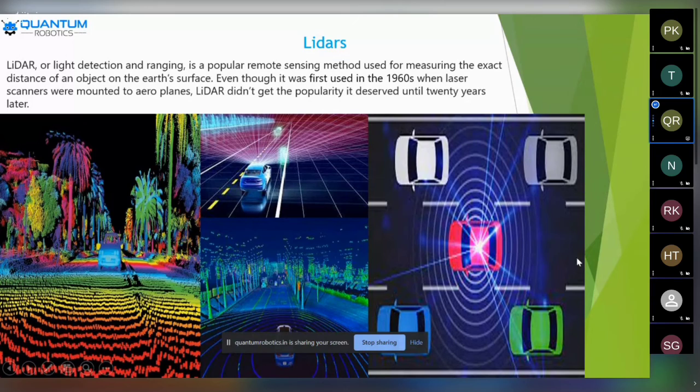And for automatic cars also, mainly the car goes on the earth surface only. If the lidar sensor is implemented on the car, it is going to detect a certain radius around that car and give the data to the car.